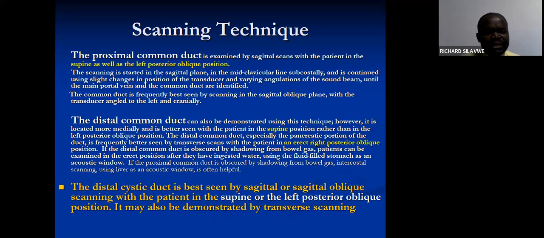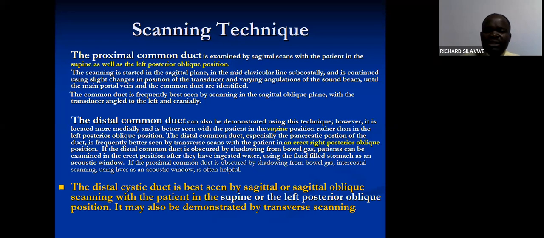So the distal cystic duct is best seen by sagittal or sagittal oblique scanning with the patient in supine or the left posterior oblique position. It may also be demonstrated by transverse scanning.